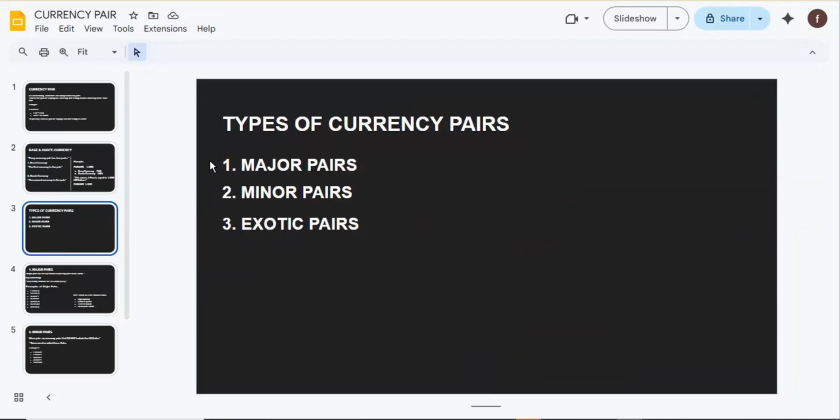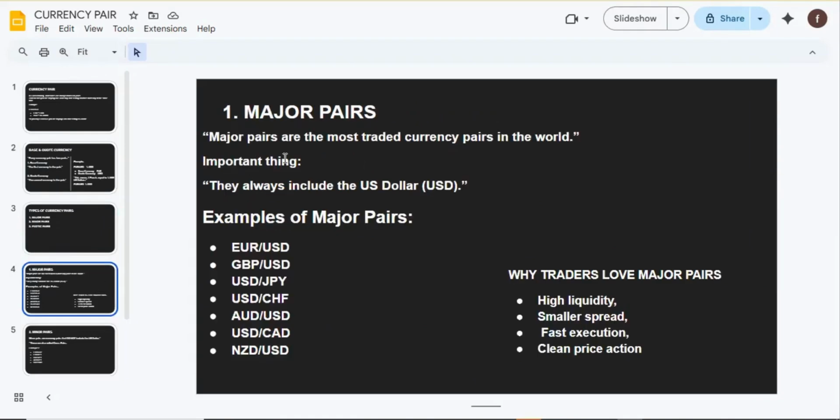And we have three types of currency pair. We have major pairs, minor pairs, and exotic pairs. Let's go to the major pairs. Major pairs are the most traded currency pairs in the world. An important thing you have to know about them is that they always include US dollar.